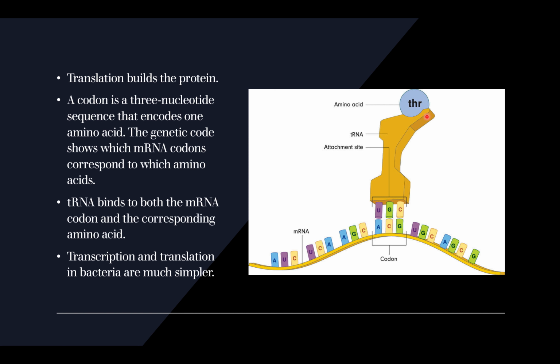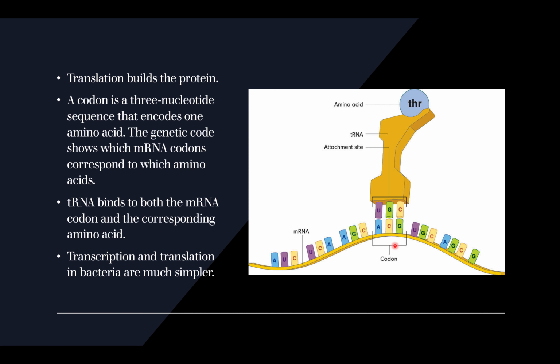The genetic code will actually show which mRNA codons correspond to which amino acid. Then tRNA, what we talked about right here, this big yellow piece, will bind to both the mRNA codon, which is down here, and the corresponding amino acid up here. Transcription and translation in bacteria are actually much simpler, but they do still take place.